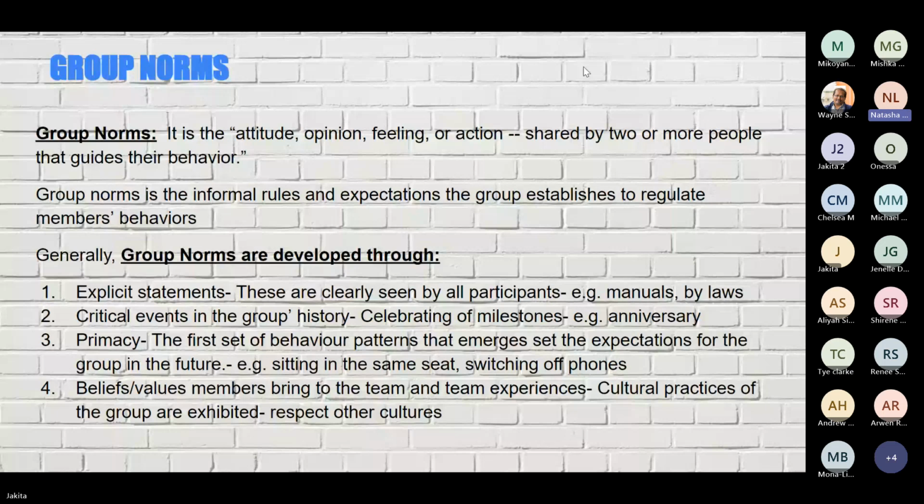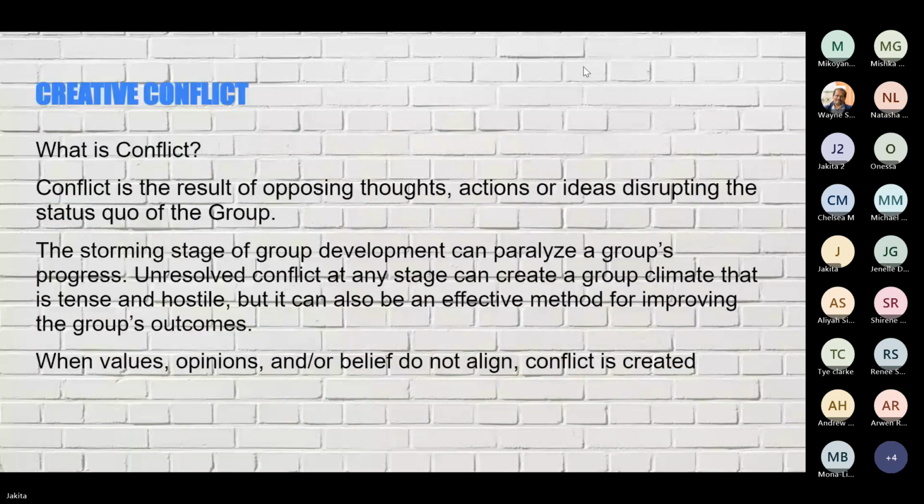So let's continue on to now creative conflict. When you hear conflict, what comes to mind? Conflict sounds like a bad word for most people, but what exactly do we term conflict? Conflict is the result of opposing thoughts, actions, or ideas disrupting the status quo of the group.